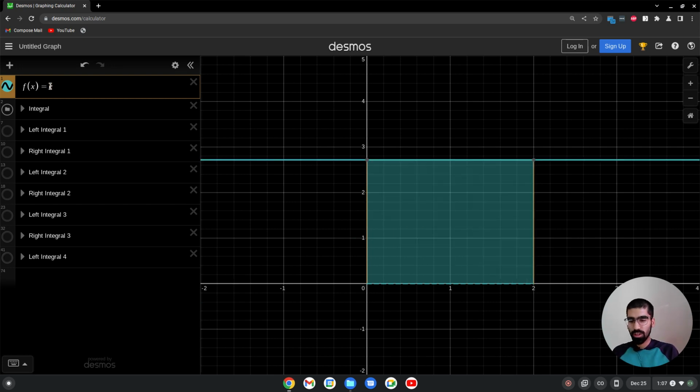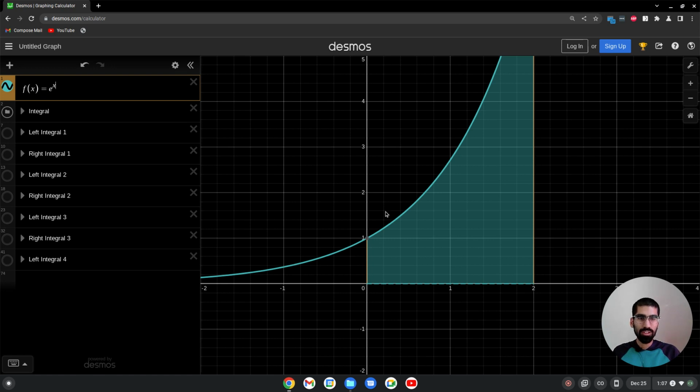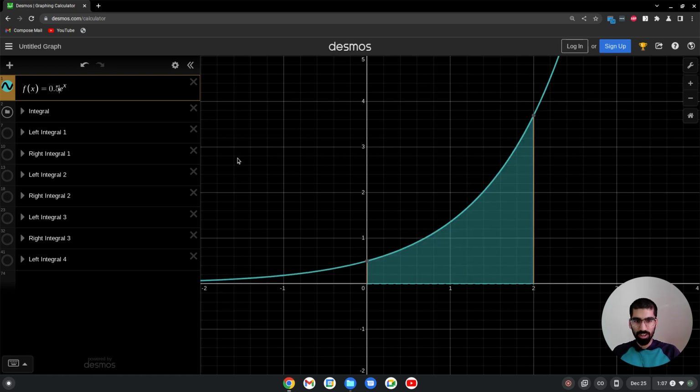Let's say we had f of x equals e to the x. It's going a little bit off the screen, so I'm going to get it back onto the screen. There we are. Same thing again. Break it up into smaller rectangles, and when we have very, very narrow rectangles, we can just calculate the area of all of those rectangles, add them up, and there's our integral.